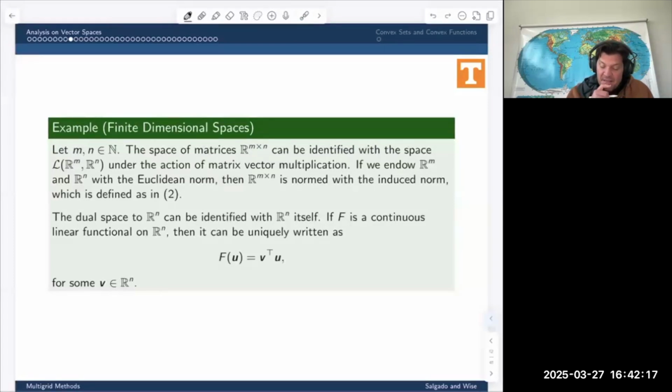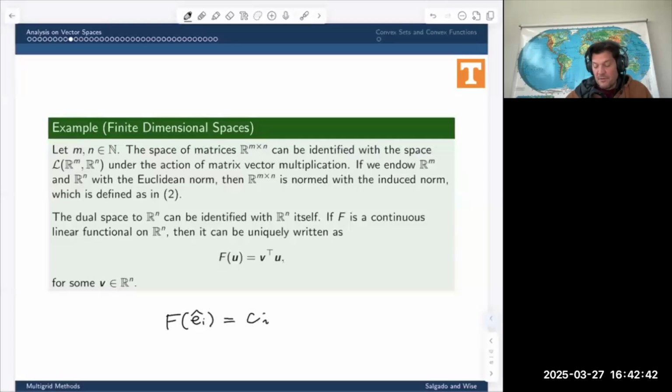Well, I might start out by saying, Rn has a basis. Let's think about how F maps these basis vectors. So how does F map V1? It maps it into some real number, right? Something I'm going to call maybe C1. And I can generalize this. How does F map ei into something?